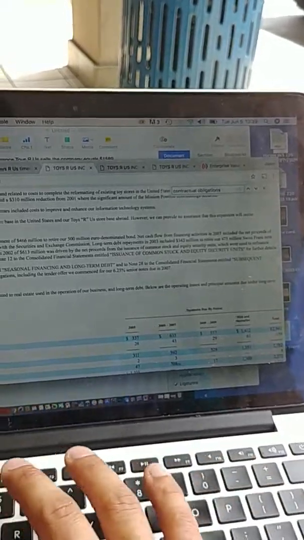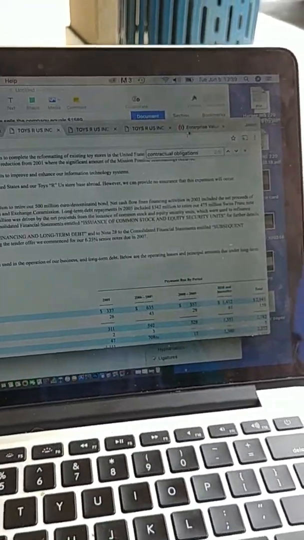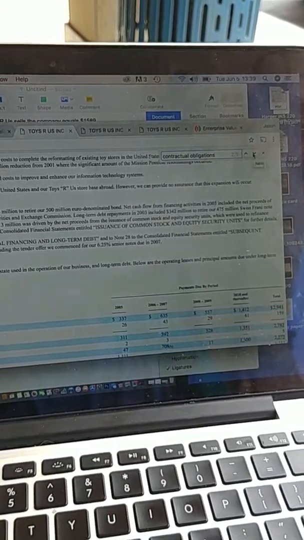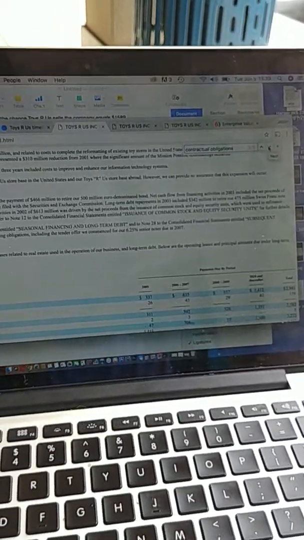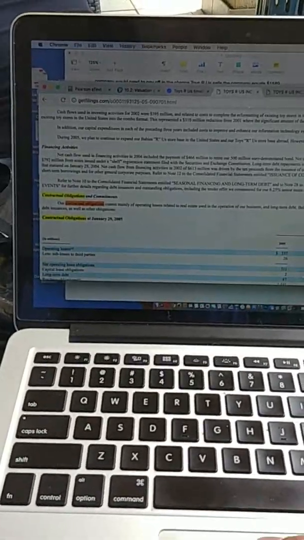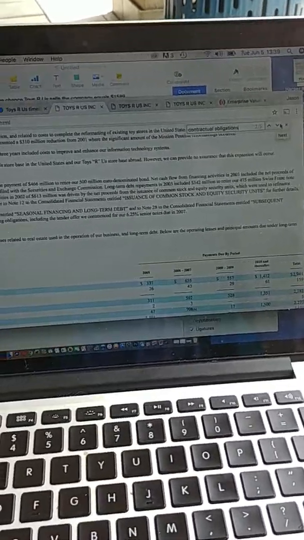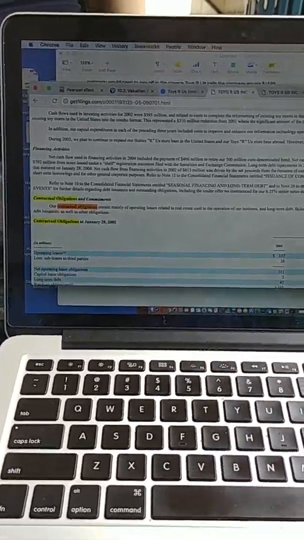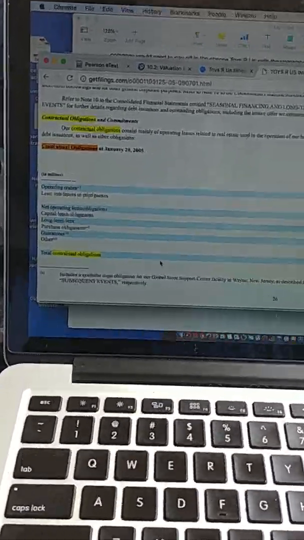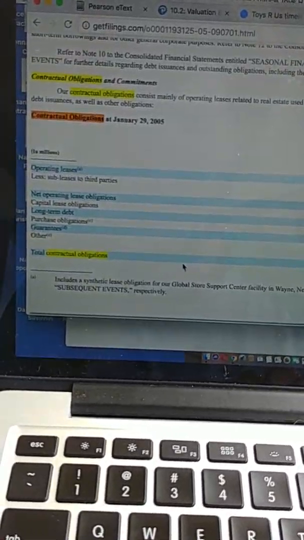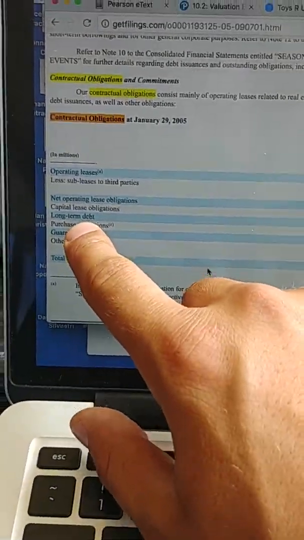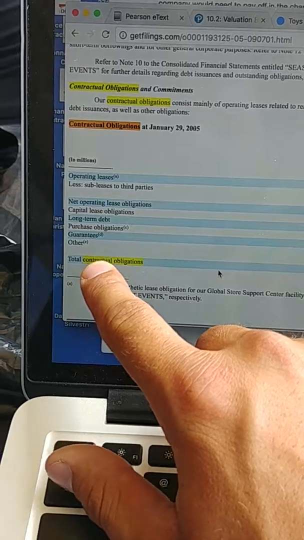I did this before. I tried searching a couple of key phrases or keywords. If I typed in debt, I had over 100 different results with the word debt in a sentence. So contractual obligations allowed me to narrow down the search to 5, and I was able to pull up the contractual obligations, which is the operating leases, the net operating lease obligations, capital lease, long-term debt right here, purchase obligations, guarantees.